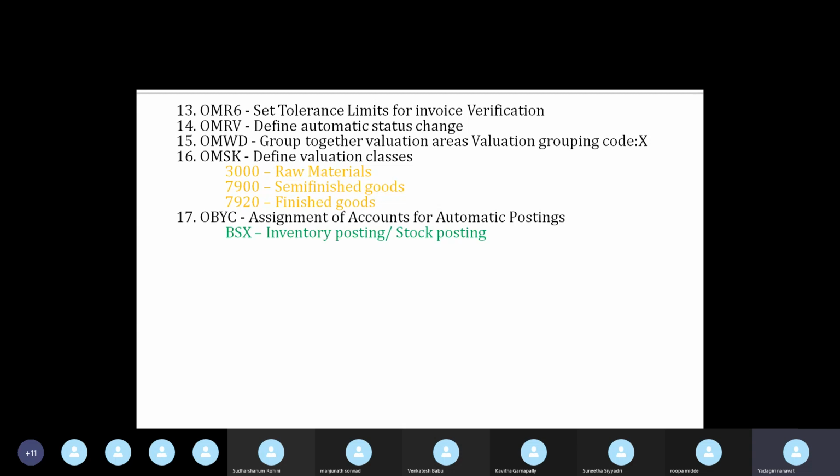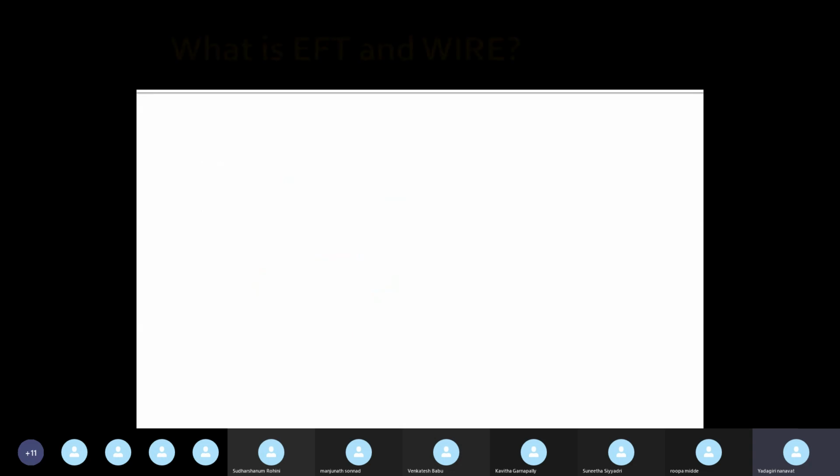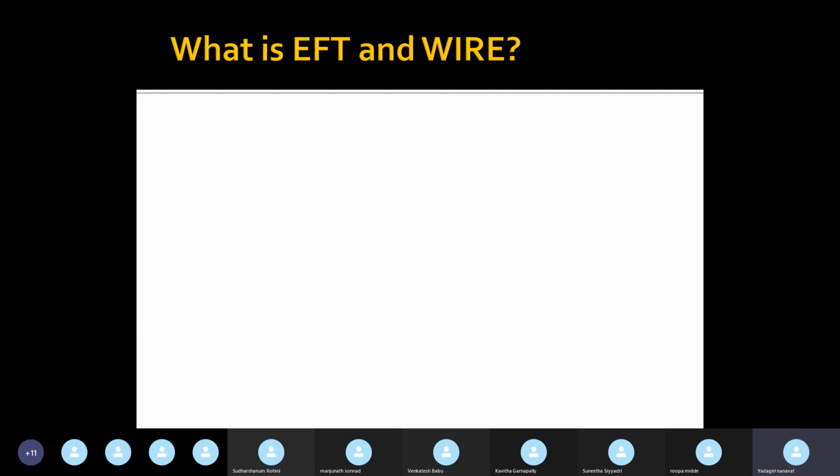We will assign it in OBYC with transaction keys like BSX, RRX, GBB, PRD, and FRD, and there are many keys like that. I am just explaining these keys. And XK01 will create the vendor master. MM01 creating a material master. So we will discuss some interview questions.